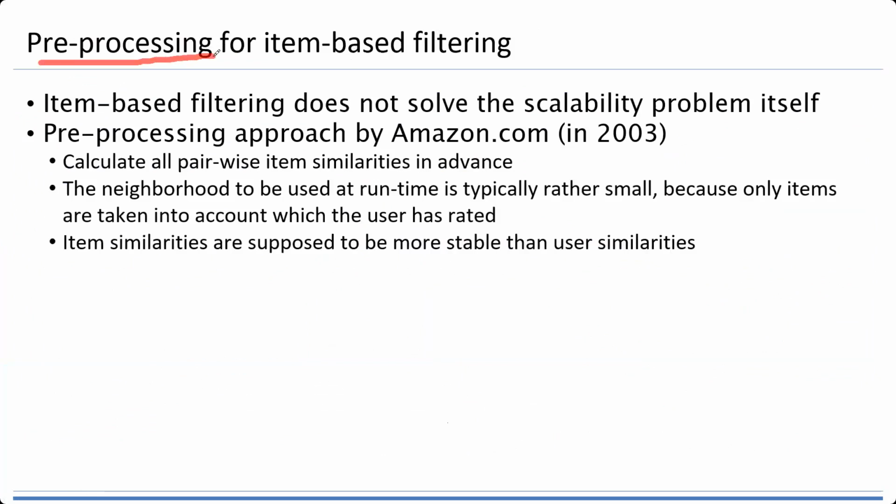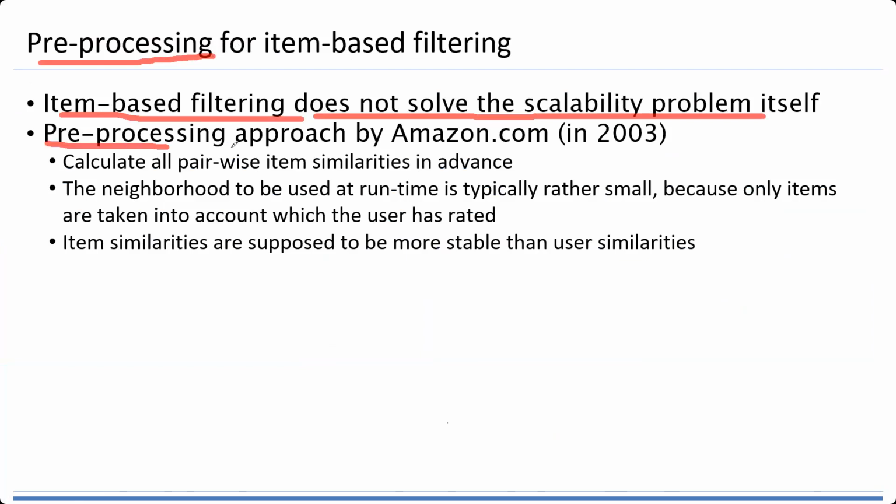So in our example, we already have a good rating table. But if we don't have a good rating table, we need to do some pre-processing. Item-based filtering does not solve the scalability problem itself. So what does it mean by this scalability?